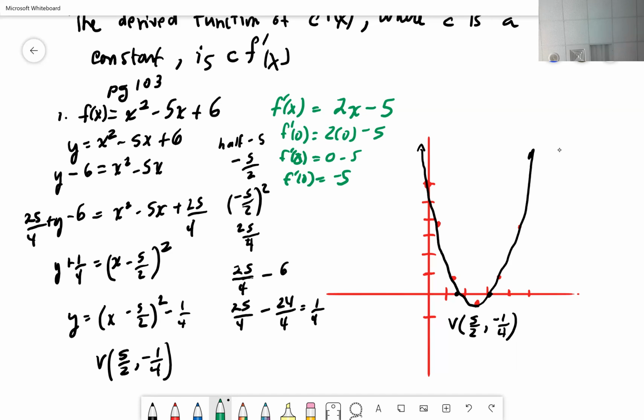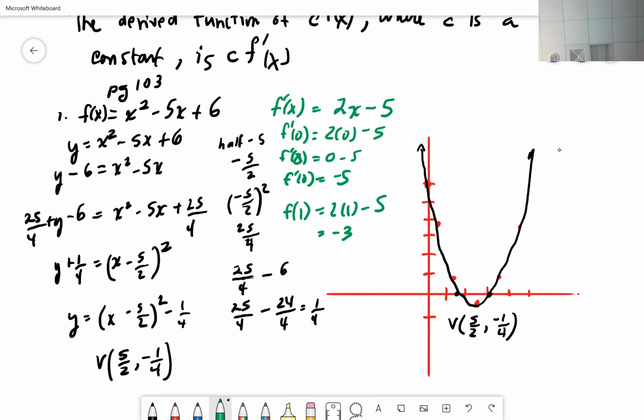How about if I pick 1? f prime of 1 equals 2 times 1 minus 5, which comes out to negative 3. How do negative slopes point? They point from left to right, pointing down.